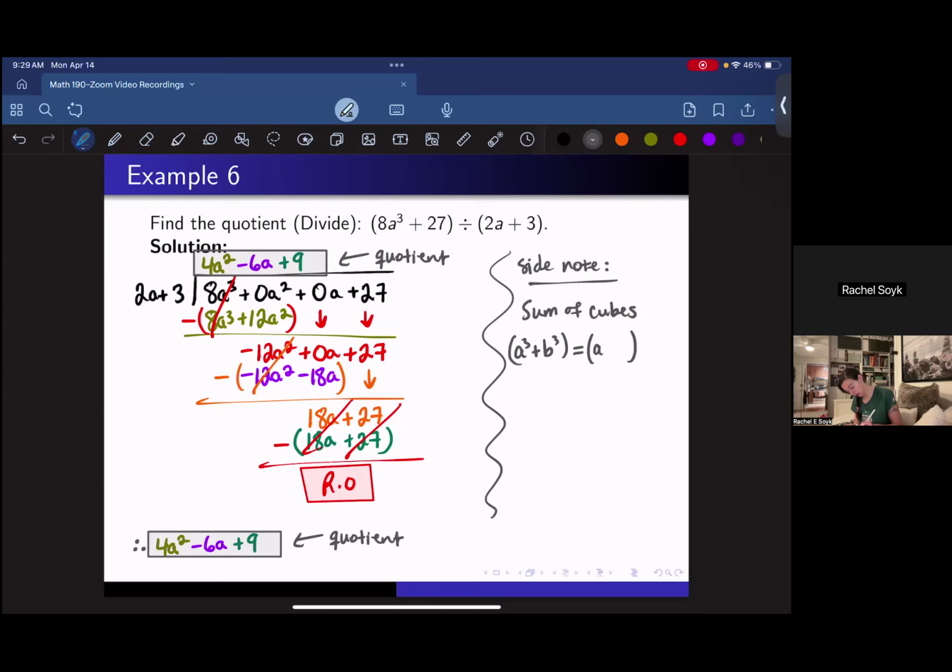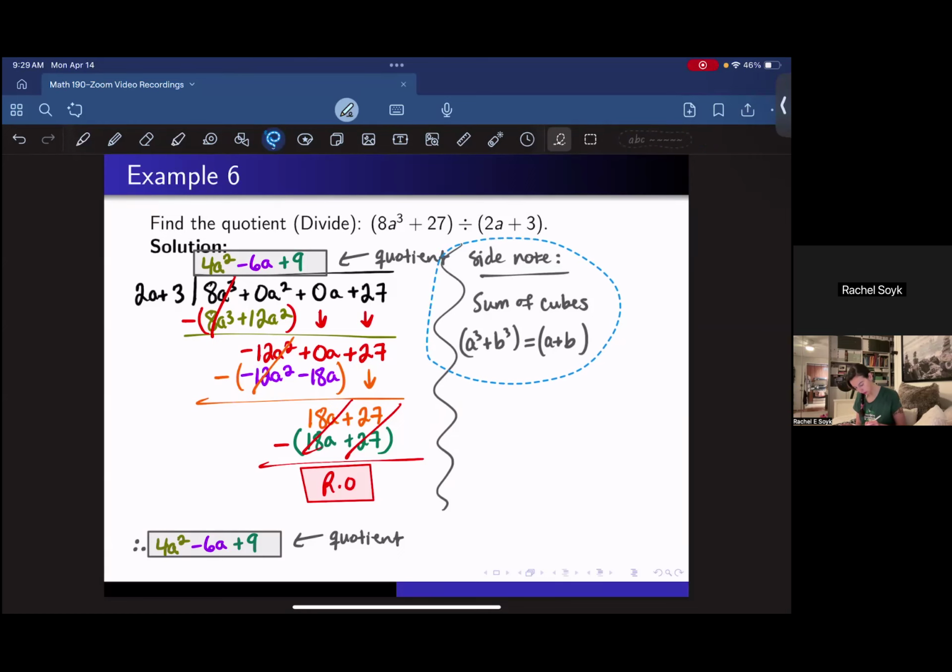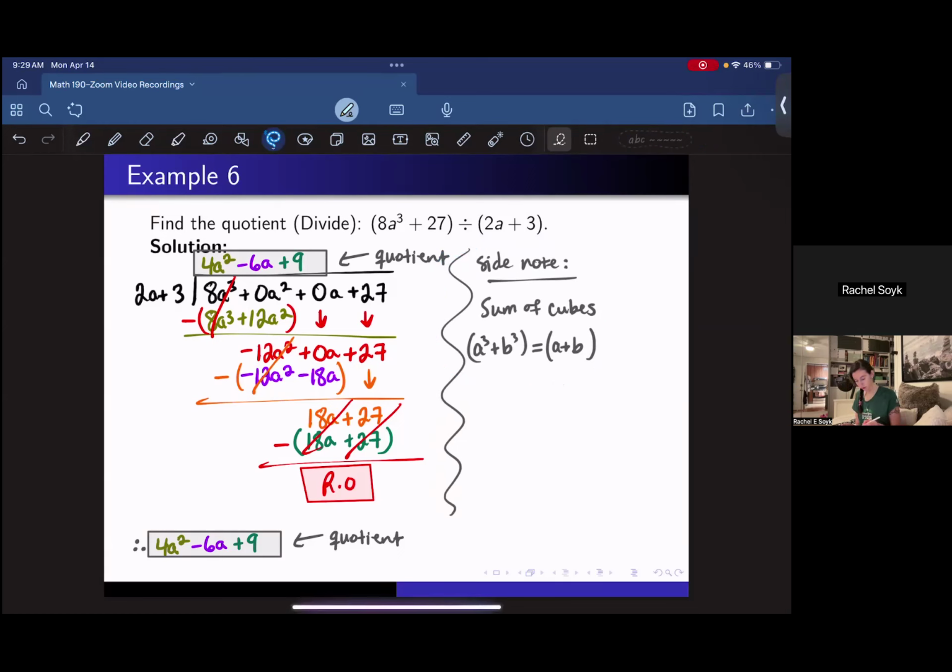This is the same as a plus b, and then we have our a squared minus 2ab plus b squared. And I made a mistake. It should just be a squared minus ab plus b squared.